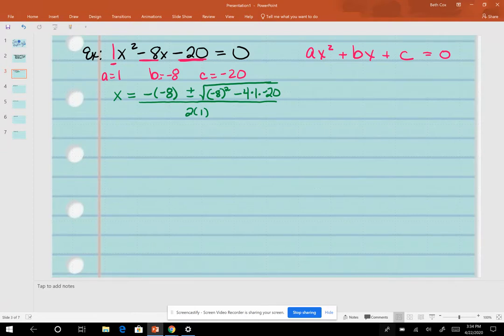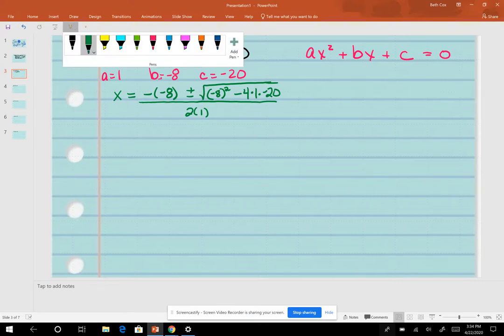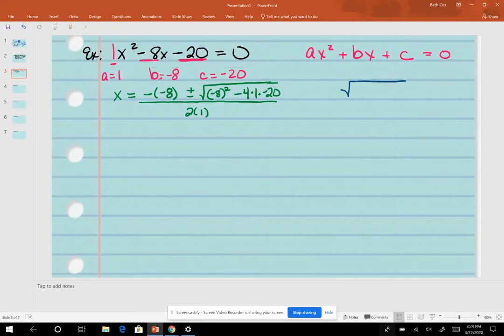Now we're going to simplify the radical all the way. So I'm going to just do the radical. The radical is going to give me a positive 64 plus 80. Now you got to think that through. I've got a negative times a negative, and that's where I get the 80. So that's the square root of 144.